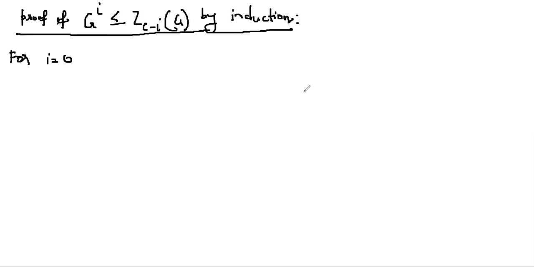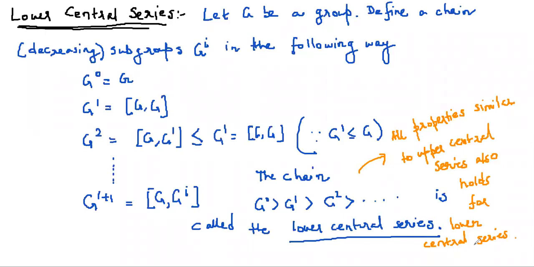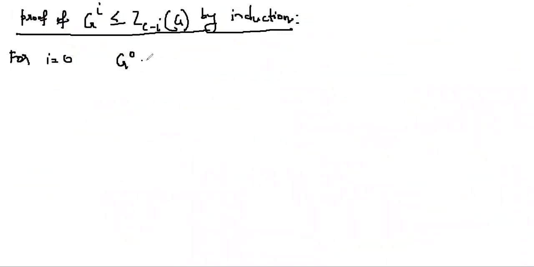For i equal to 0, what is G0 by definition? See the first slide, what we wrote. What is G0? G. So G0 is G. And what is Z_{C-0}(G)?